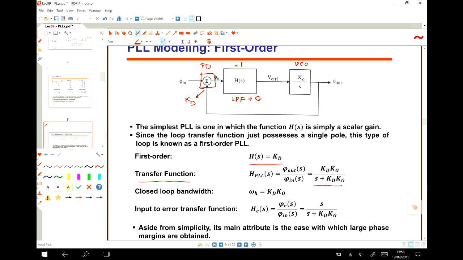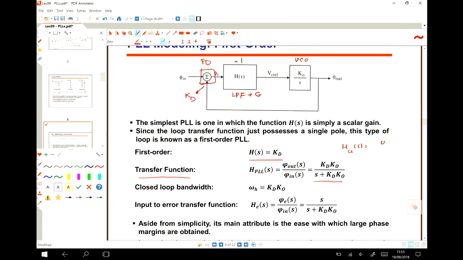You know how to calculate the closed loop transfer function. Closed loop transfer function equals H of open loop divided by 1 plus, which we opened when we have a negative feedback.